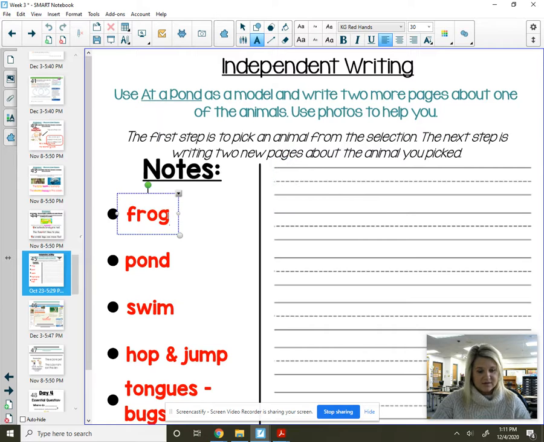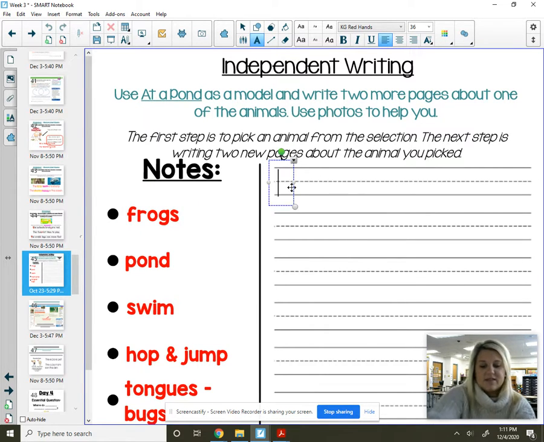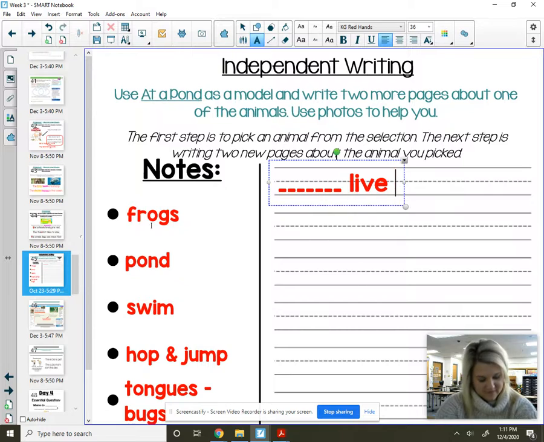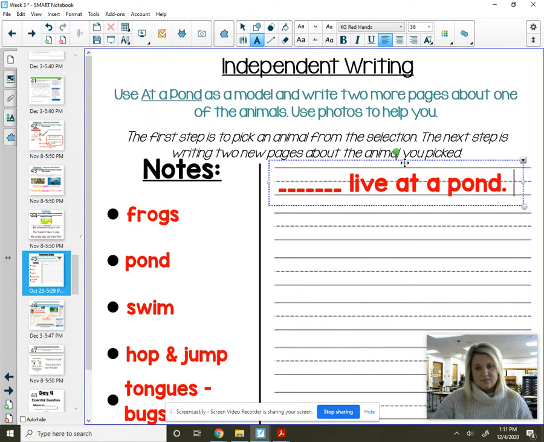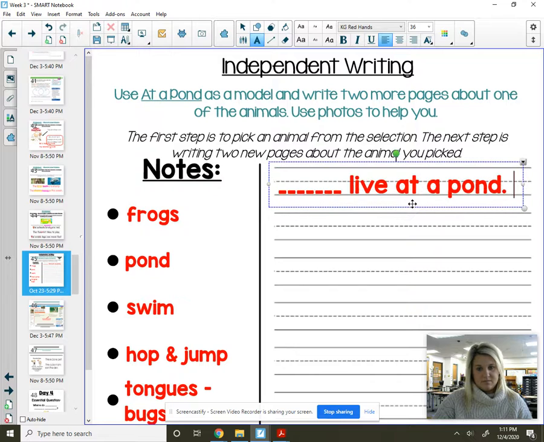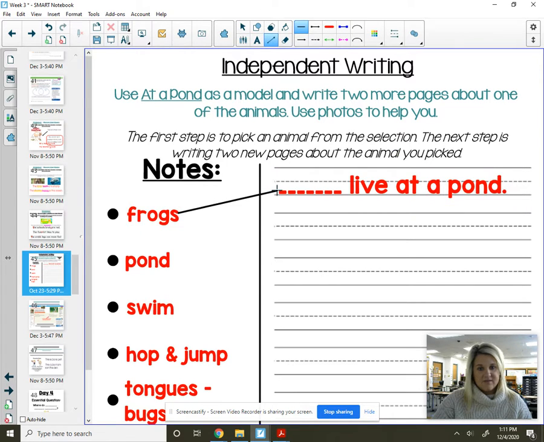Frogs. I'm going to add an S here. So you're going to write frogs live at a pond. That's the first thing that you are going to write. Use your notes.